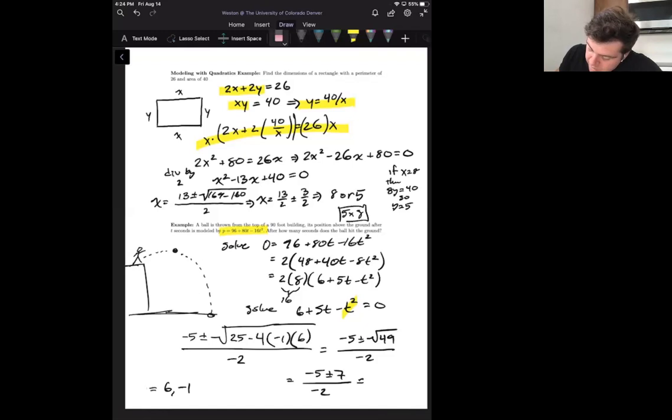So let me switch those to t's. All right, we have 2 solutions for t. One of them is the correct solution, and one of them is not the correct solution. So take a second and see if you can figure out which one is correct and which one is not correct. Just pause the video and think about it.